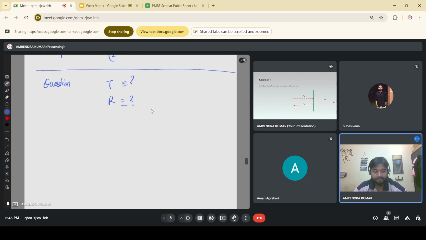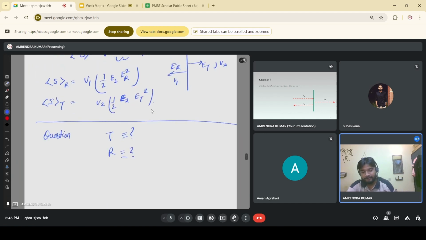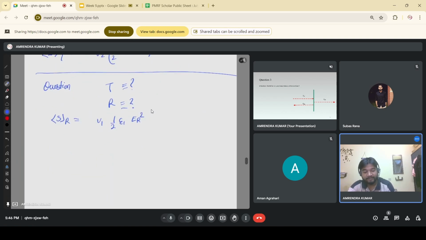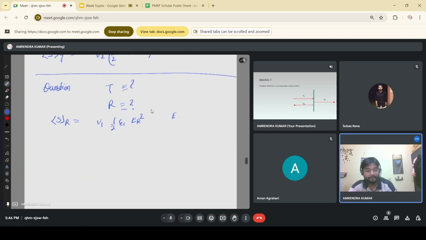So now we knew that S reflected was the velocity V1 times 1/2 epsilon 1 E_R square. But we know from the previous question that E_R was V2 minus V1 over V2 plus V1 times the incident electric field.